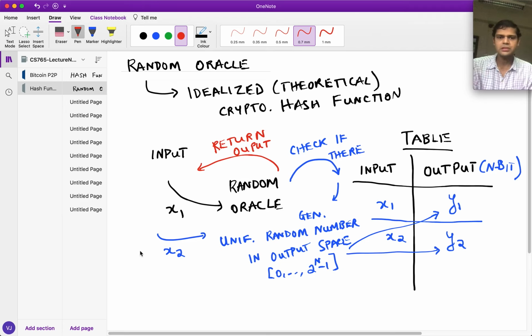So in the first case it would have returned y1, in the second case it would have returned y2. And similarly, let's say that many other inputs came and this table got filled with x3, y3, x4, y4 and so on.